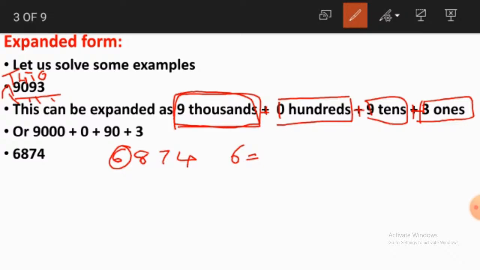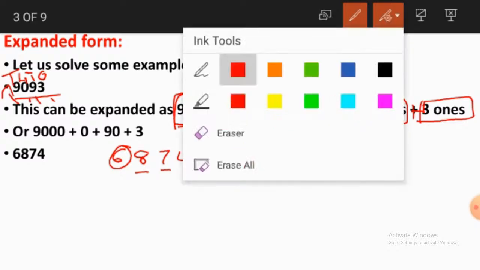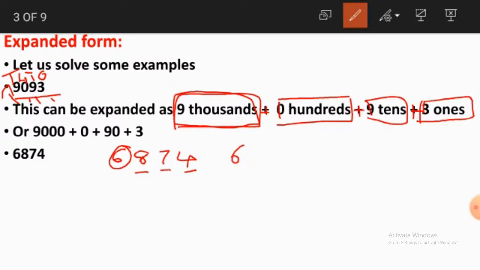Now after 6, how many digits do we have? We have 3 digits. So write 6 as 6000. After 6 we are having 3 digits, so we have placed 3 zeros here.